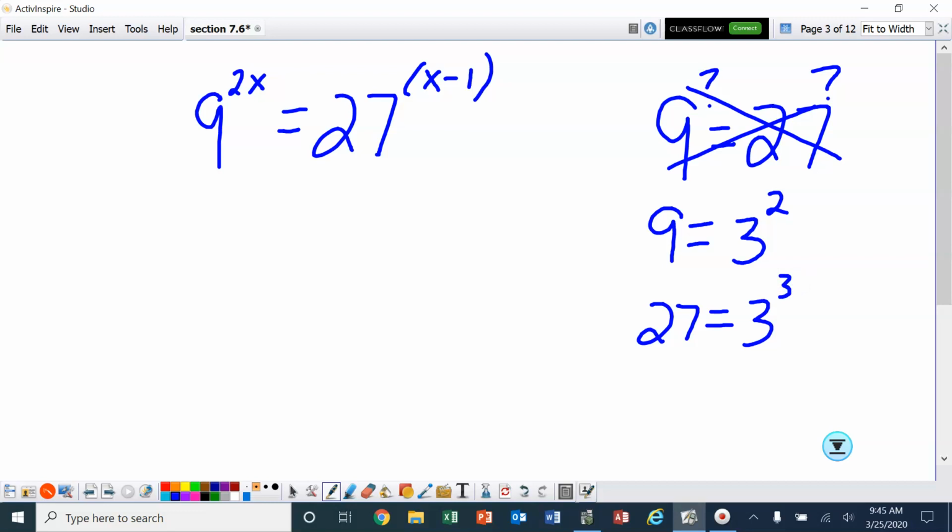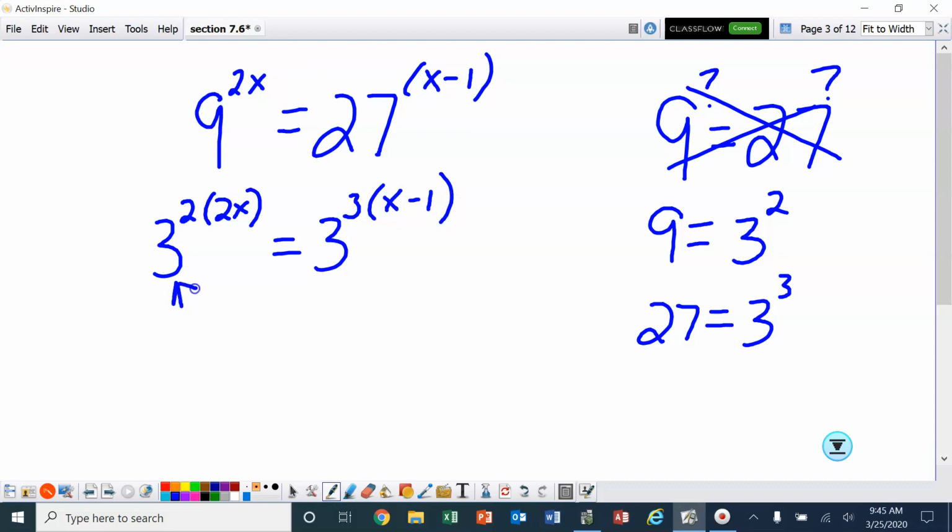So we're going to replace the 9 with 3 squared, and then we still have the 2x. And we're going to replace the 27 with 3 to the third, and then we still have the x minus 1 behind it. Now again, we have the same base.